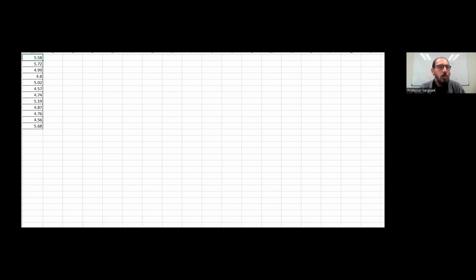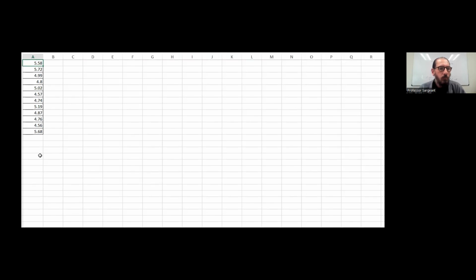But there are differences in how we compute the sample standard deviation versus a population standard deviation. But since I'm using Excel, not particularly worried about that.